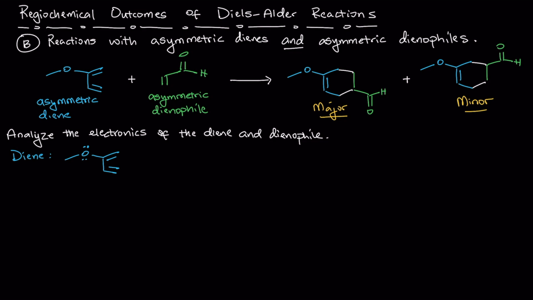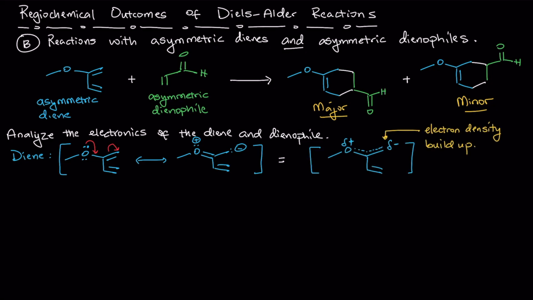With the diene, we realize that that ether oxygen is adjacent to a pi bond, which means we should expect that a resonance form can be shown and will happen such that the lone pair delocalizes into that pi system.